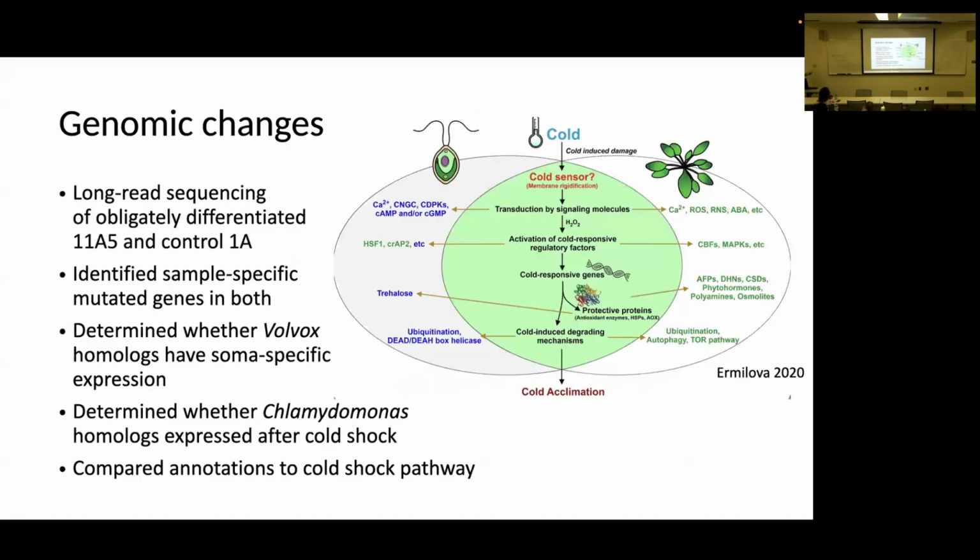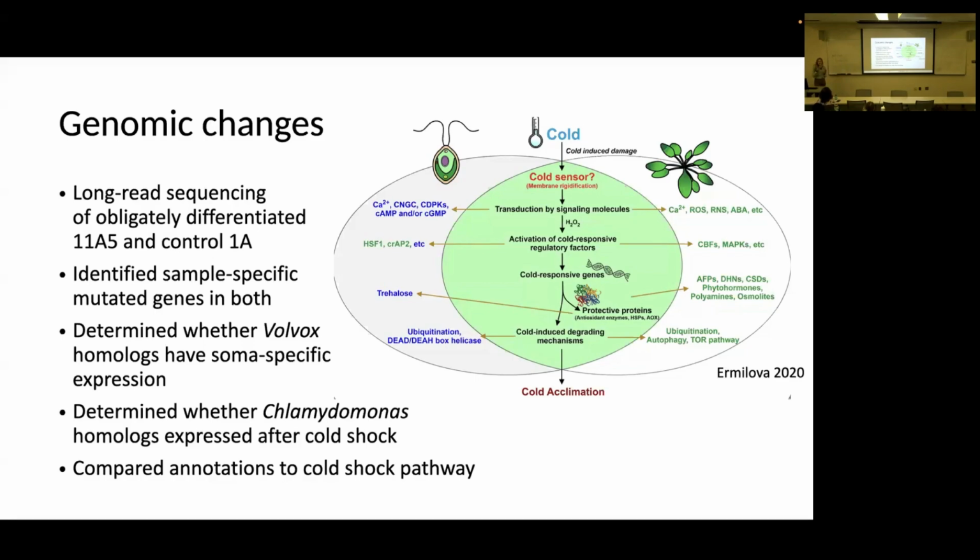Okay. Next, I looked at the genomic changes that occur. I used long-read sequencing, and I examined my obligately differentiated line. This is line 11A5, and a corresponding control. I identified sample-specific mutated genes in both of these lines. Then I looked at the homologs of these genes.